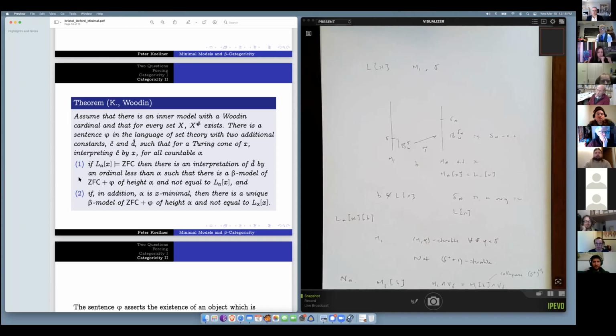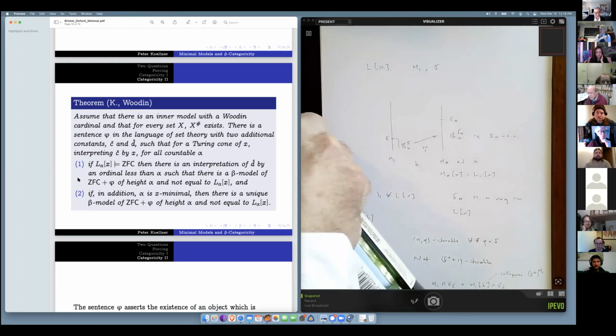I have another question, if I may, but if anyone else has a question, please go ahead, because I've already asked several. So my question is about this uniformity of alpha, because this theorem that you have up there now is about all alpha at once, but I think the Friedman theorem was just about one alpha at a time, right?